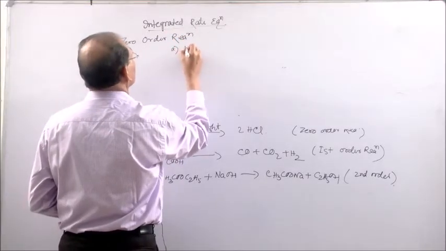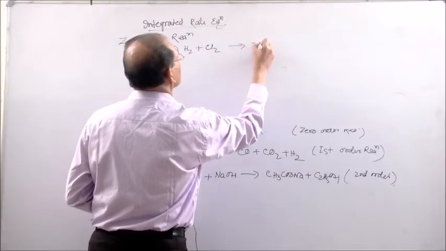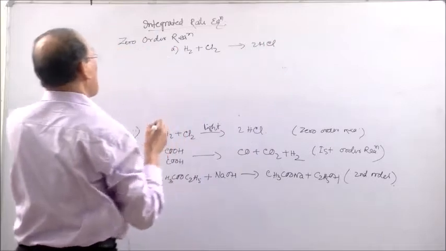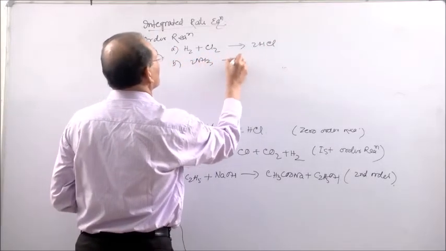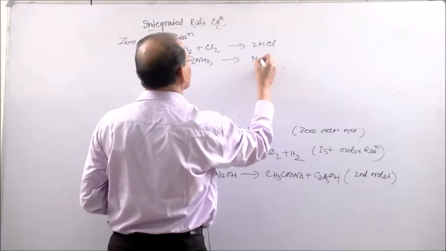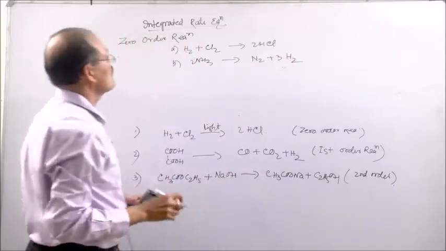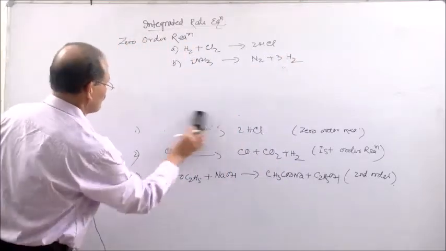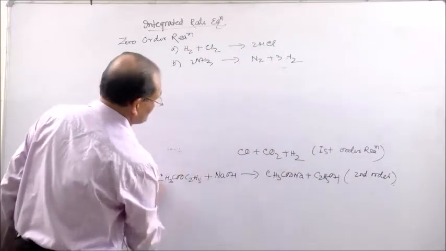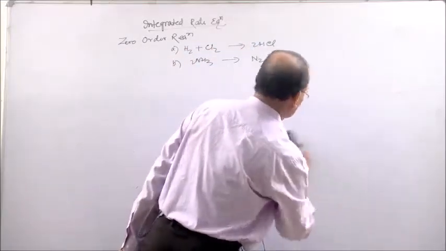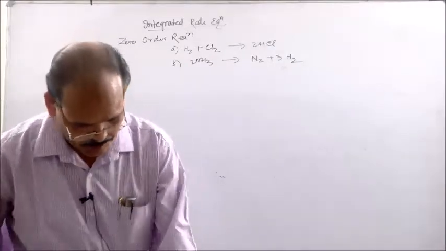The reactions are like hydrogen and chlorine reacting together to form hydrochloric acid, and ammonia dissociating to form nitrogen and hydrogen in presence of platinum.